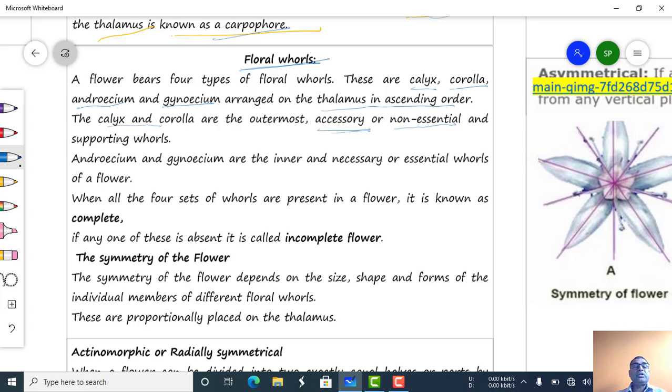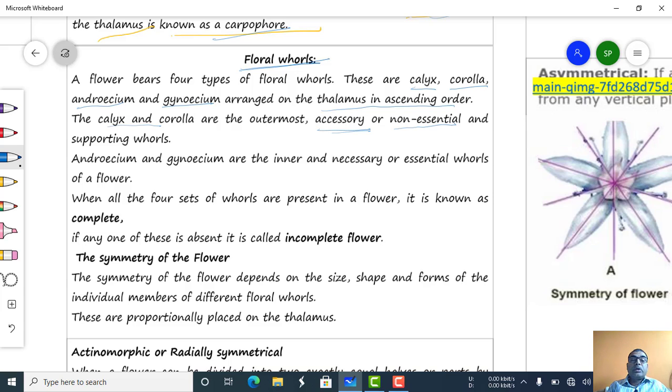Actually, calyx is generally considered a supporting whorl, while corolla is considered an attracting whorl for the pollinating agents, but it supports or protects the inner reproductive whorls of the flower.